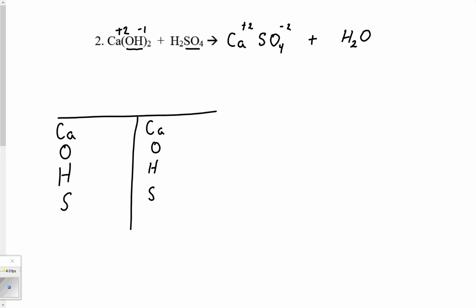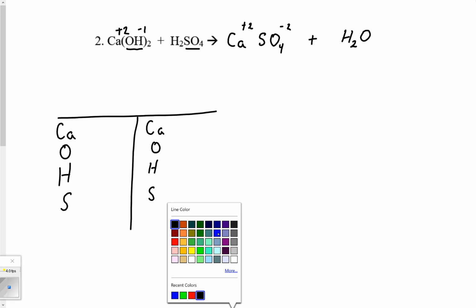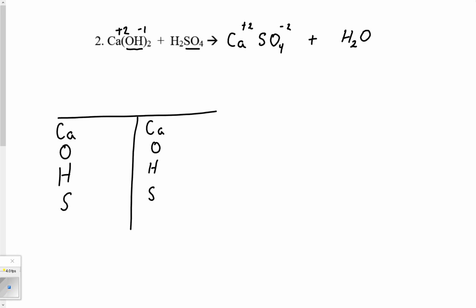So let's start doing our counting now. Can I switch to like a blue? That'd be beautiful. So count calciums on the left. You should be doing this with me. How many calciums are on the left? Well, there's 1 calcium on the left. How many oxygens are on the left? All right. Remember how this parenthesis behaves.